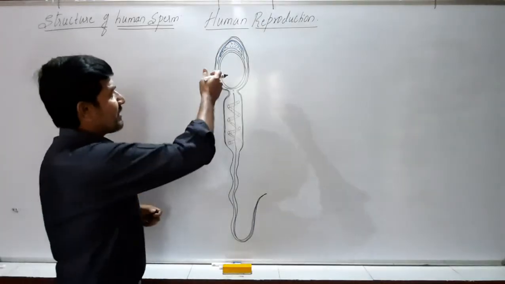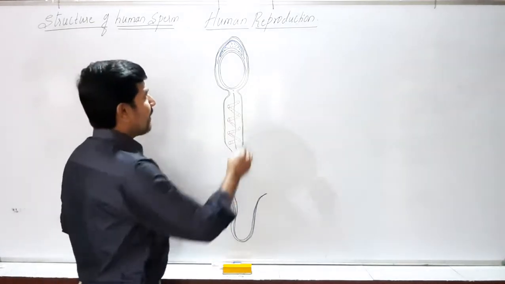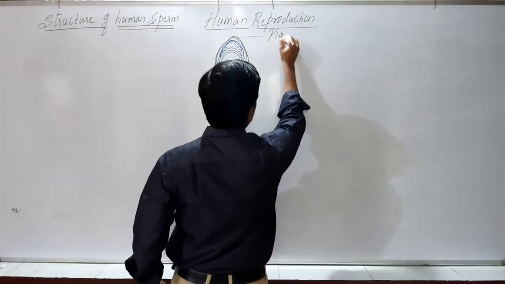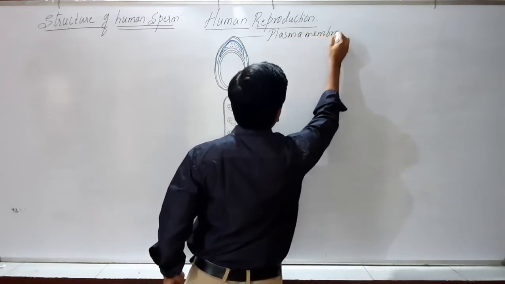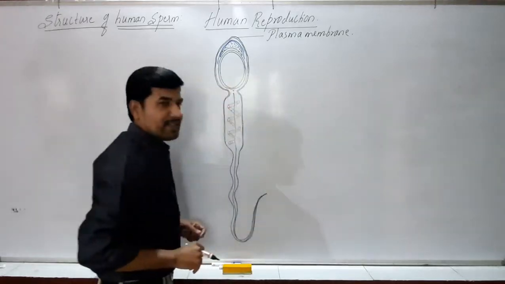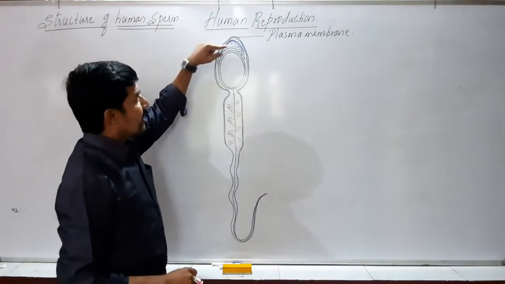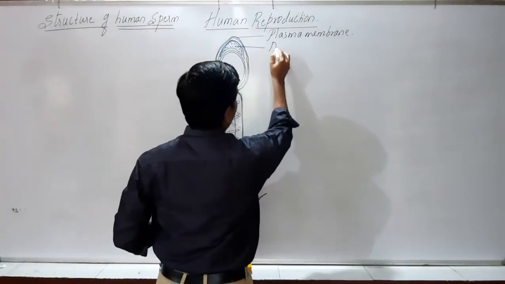Now what does the head consist of? The sperm consists of a membrane, called the plasma membrane. Then the tip of the sperm consists of an acrosome. This is the acrosome.